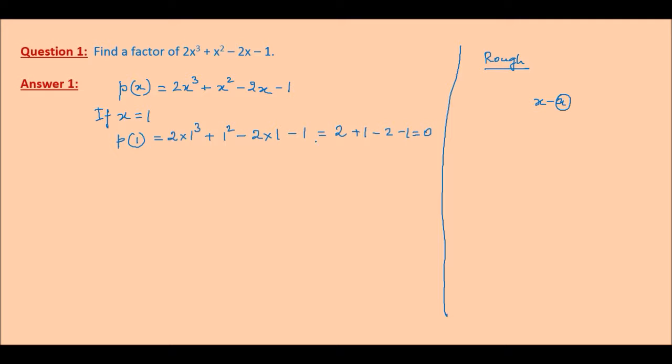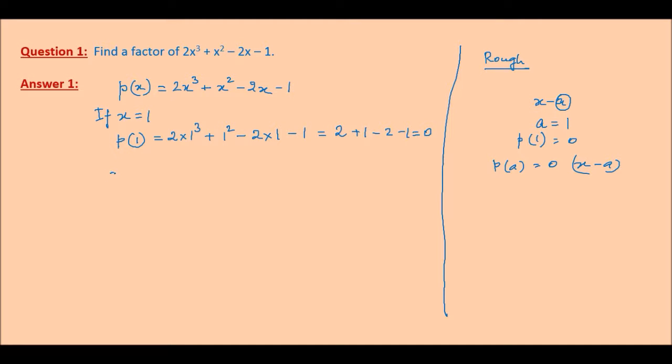So p of 1 is equal to 0. We have got it straight away for the first attempt. So we have found the value of a. The value of a is equal to 1 because p of 1 is equal to 0. And what does the factor theorem say? It says that if p of a is equal to 0, then x minus a will be a factor of p of x.